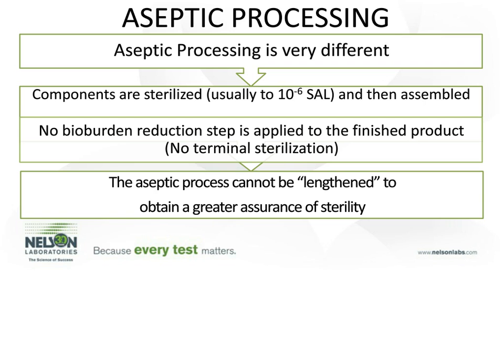So the real point here is that you cannot lengthen the aseptic process or lengthen anything in the process or afterwards, which helps you to obtain a greater assurance of sterility. And that is the primary distinguishing factor between the use of SAL for terminally sterilized products versus the idea that we do not use SAL for aseptic processing.